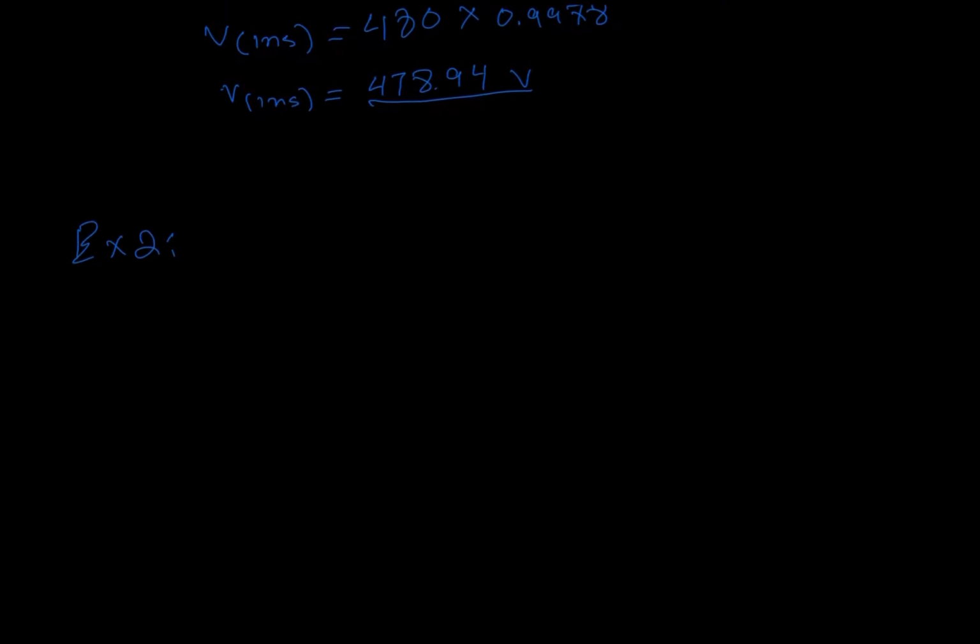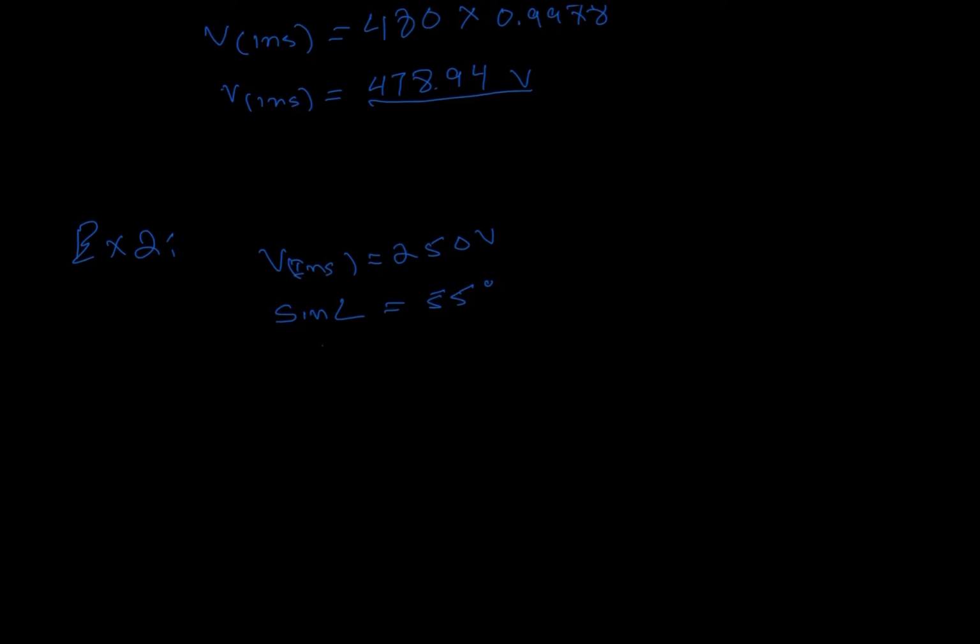In example number 2, a sine wave has an instantaneous voltage of 250. So V instantaneous is 250 volts. After 55 degrees of rotation, what is the peak voltage? So the angle of rotation is, not theta, sorry, 55 degrees.